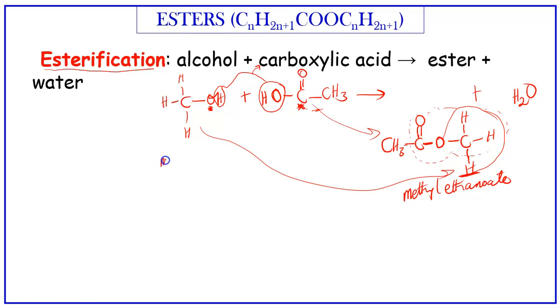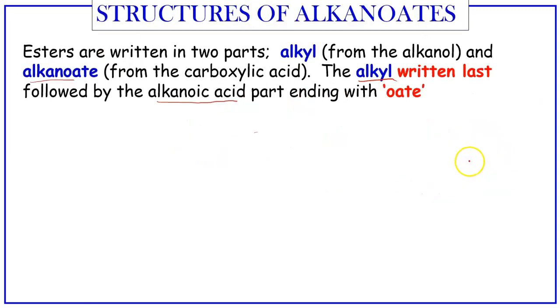You saw it now. This is methanol. This is ethanoic acid. So I made sure I wrote the alkanoic acid part first and the alcohol part last. That is how we draw the structure of esters.